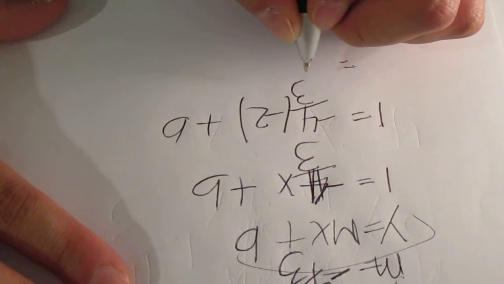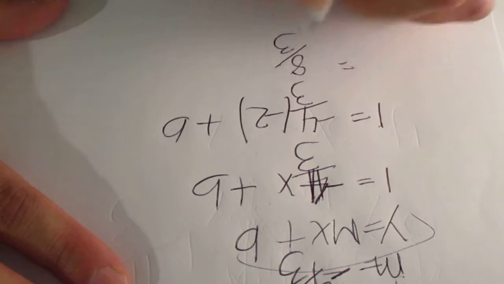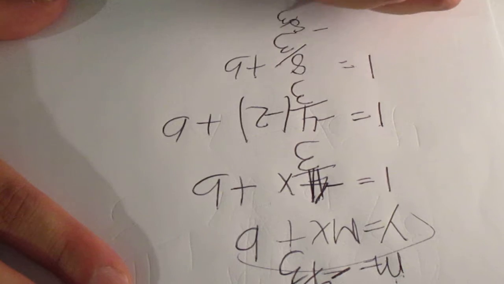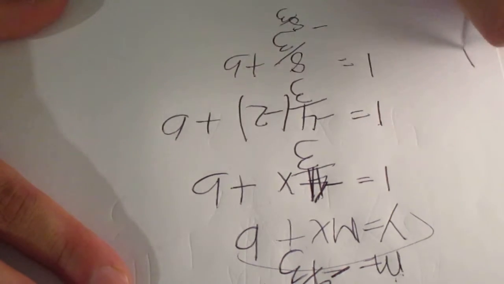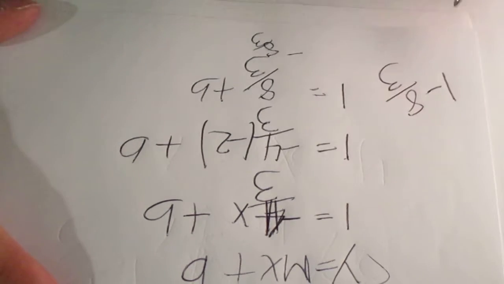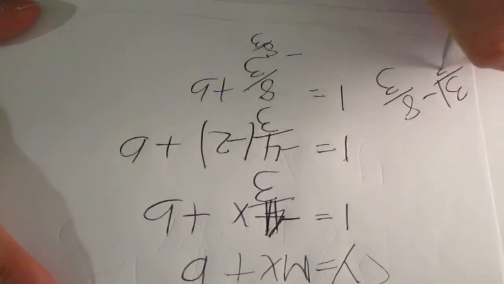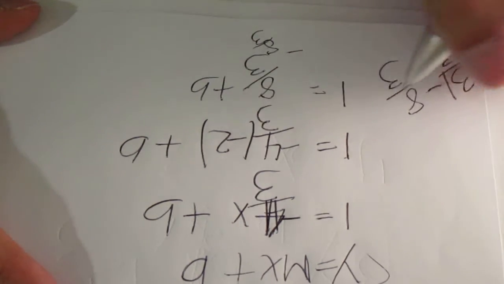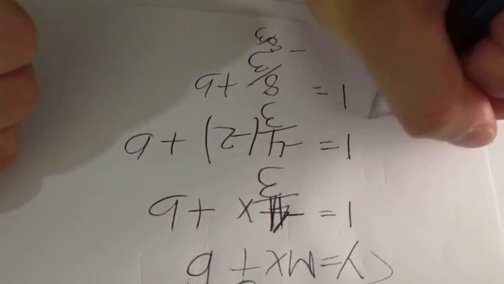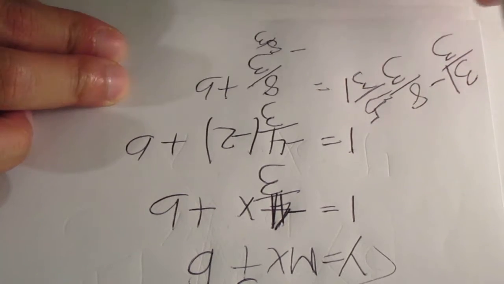So -4 times -2 is positive 8/3 plus b, and 1. Subtract 8/3. That's like saying 1 minus 8/3, right? And we could say 1 is 3/3 because 3/3 is the same thing as 1. So 3 minus 8 is -5, -5/3, right?